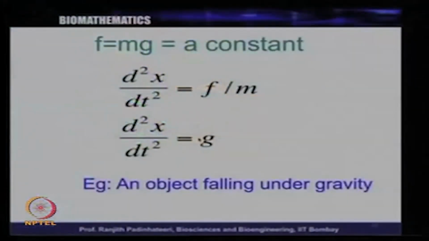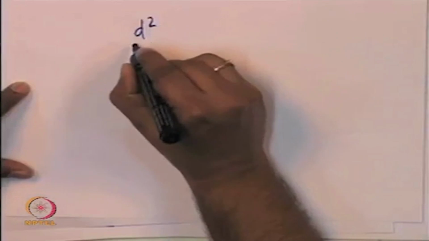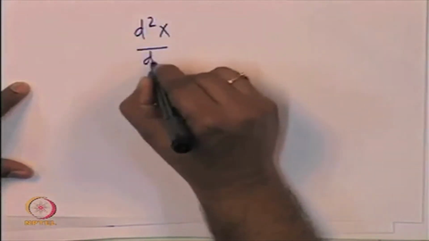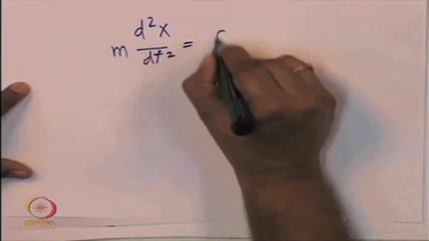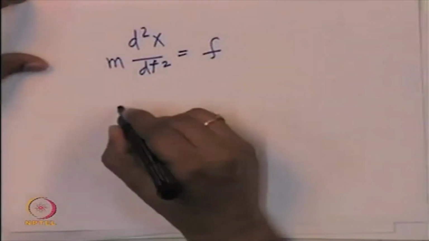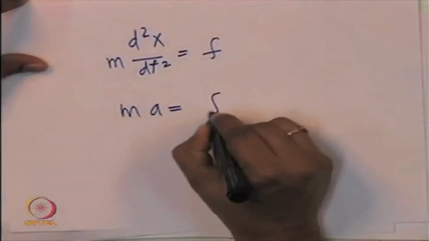Let us see an example. We can think of an example which is d square x by dt square is some constant f by m. This f is a force. So, Newton's equation, as you all know, is that m times d square x by dt square equals f. You all know that f is equal to m a.